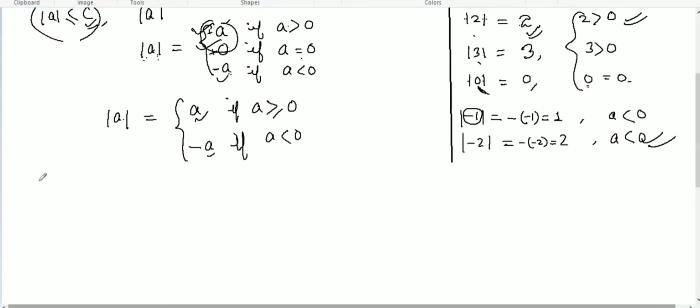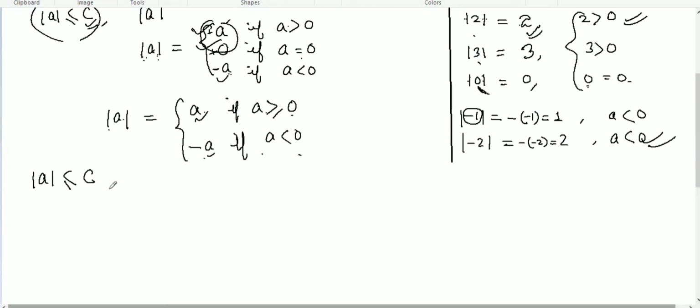So the absolute value of A is less than or equal to C. The first property says the absolute value of A is A if A is greater than 0, and the absolute value of A is minus A if A is less than 0.